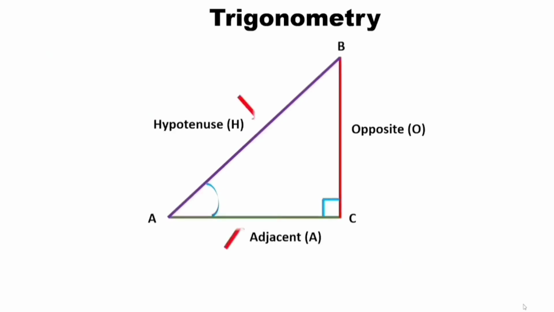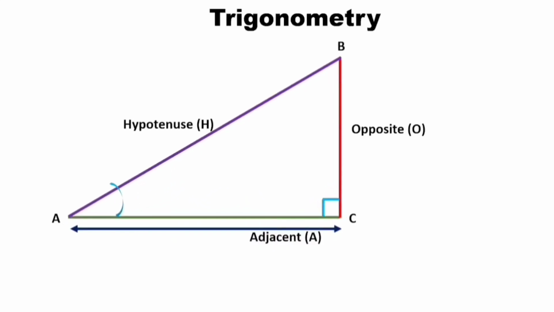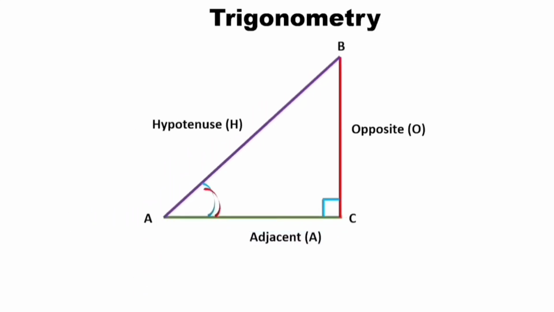Again, if the length of the adjacent and hypotenuse change, the size of angle A will also change. Observe, if the adjacent increases in length, then the hypotenuse will also increase and the angle size decreases this time. And when the sides decrease, the angle size increases.